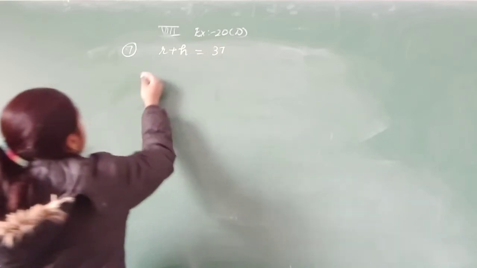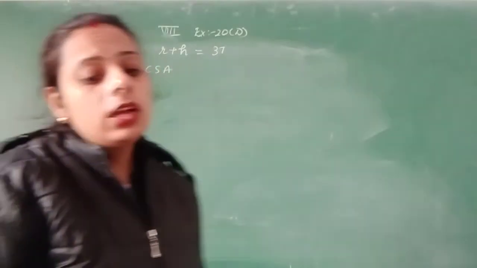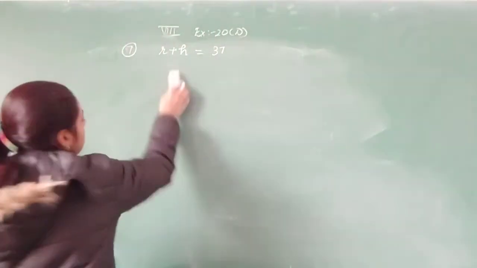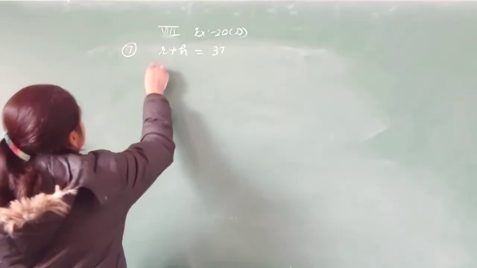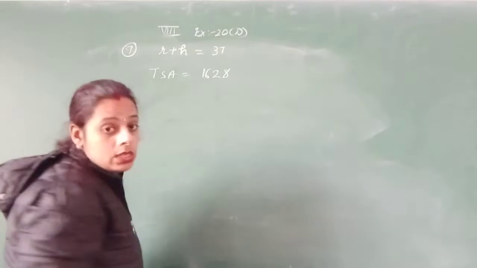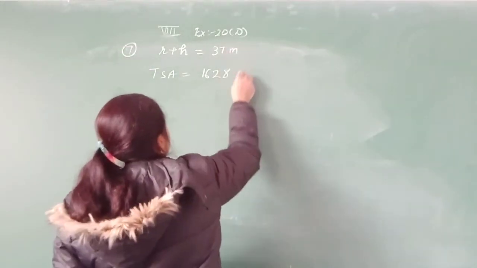Find the curved surface area. The total surface area is 1628 meter square, and the lengths are in meter.